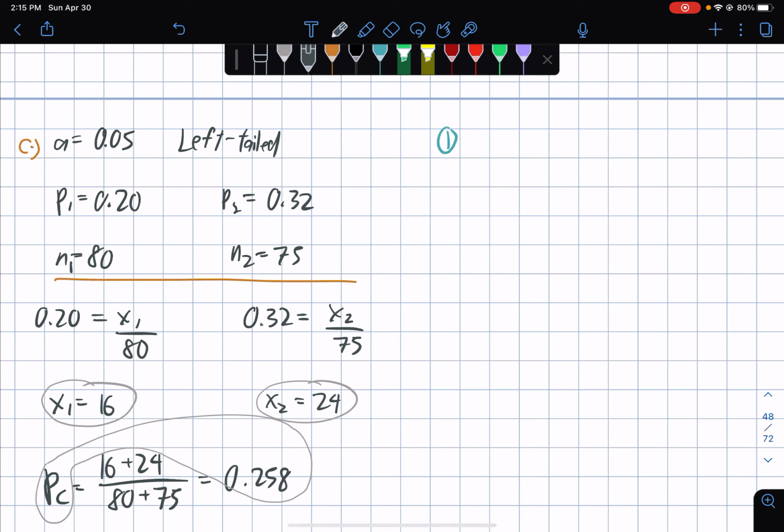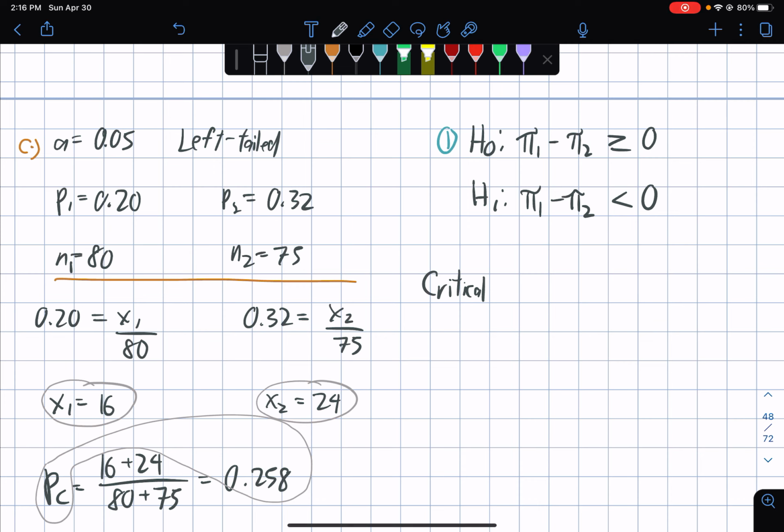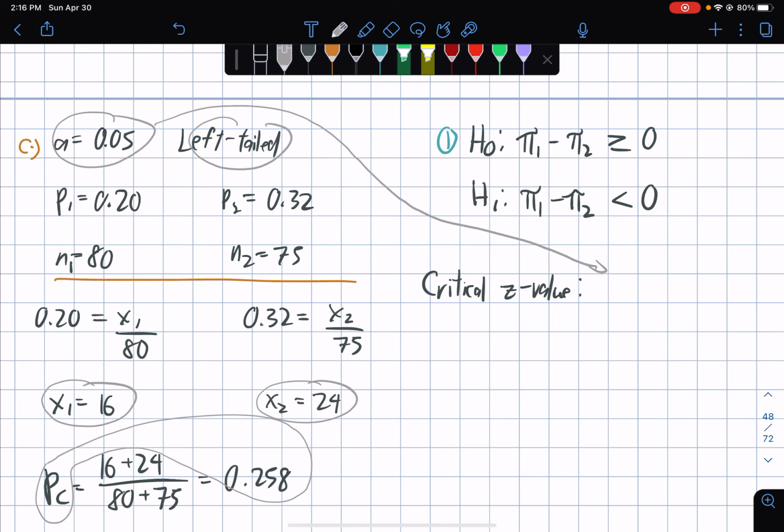So let's start with step 1. H0, H1, pi 1 minus pi 2 over pi 1 minus pi 2 again for alternative. Because this is a left-tailed test, our inequality signs will be like this. If I recall correctly, I hope I do. Yeah, it is correct. And then you put zeros, and then critical z value is going to be, since this is 0.05, it's a left-tailed test also.